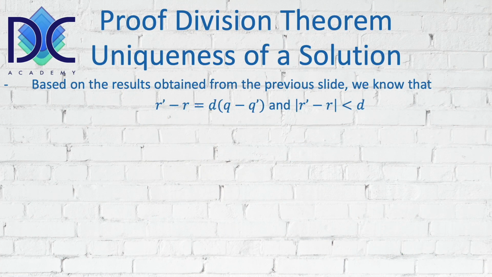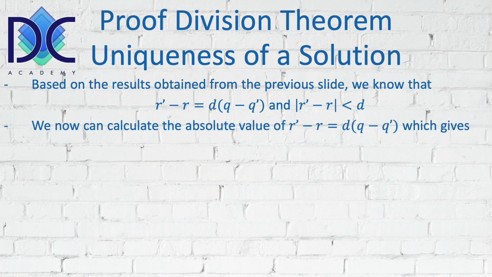Now, we had already found, following the conditions, that R prime minus R has to be smaller than D, or the absolute value has to be smaller than D, the divisor. So now we can calculate the absolute value of R prime minus R, which is equal to D times (Q minus Q prime).